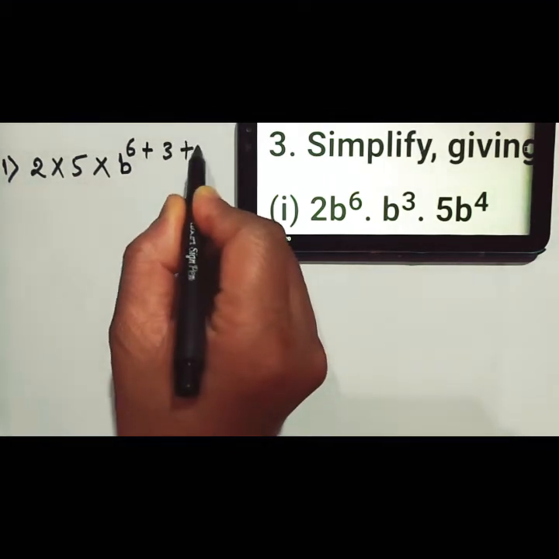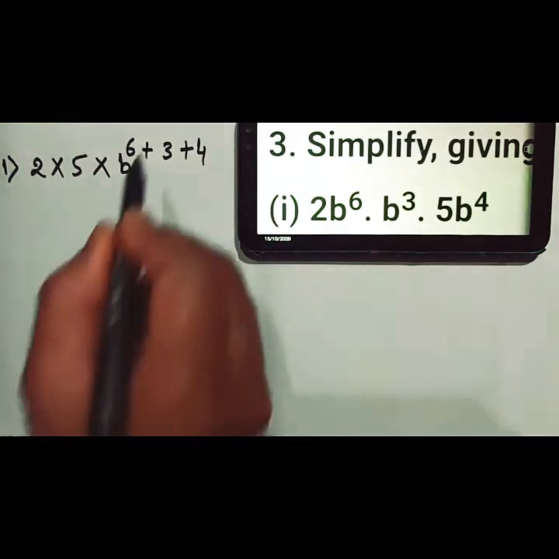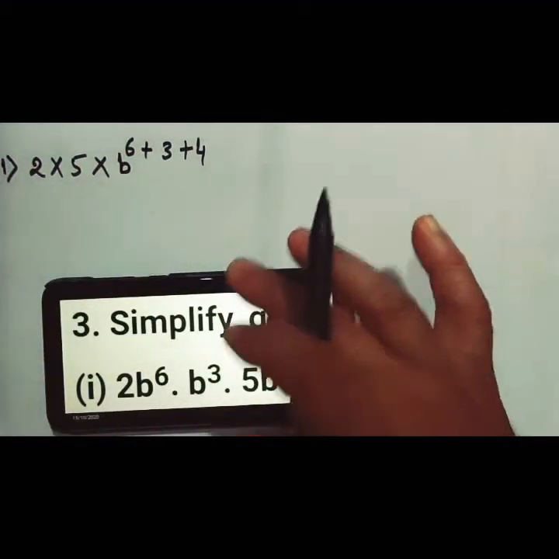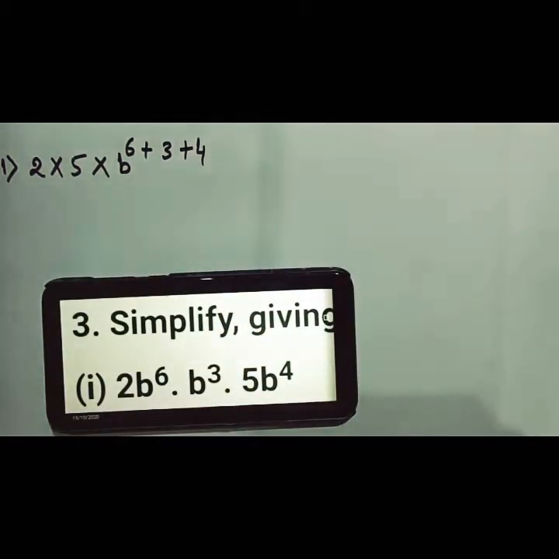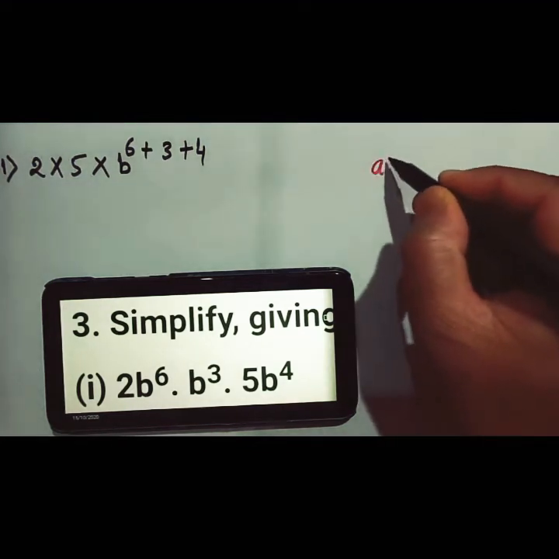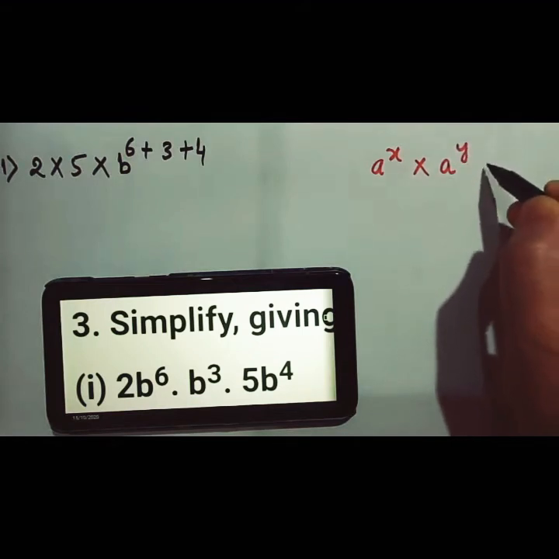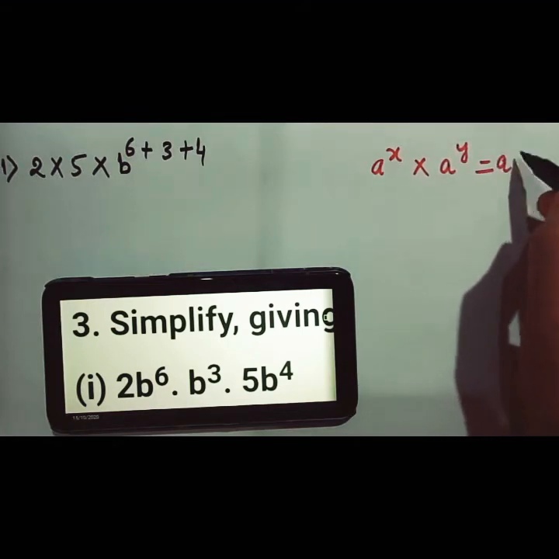Now why? Because you already know the formula says that a to the power x multiplied by a to the power y is equal to a to the power x plus y.